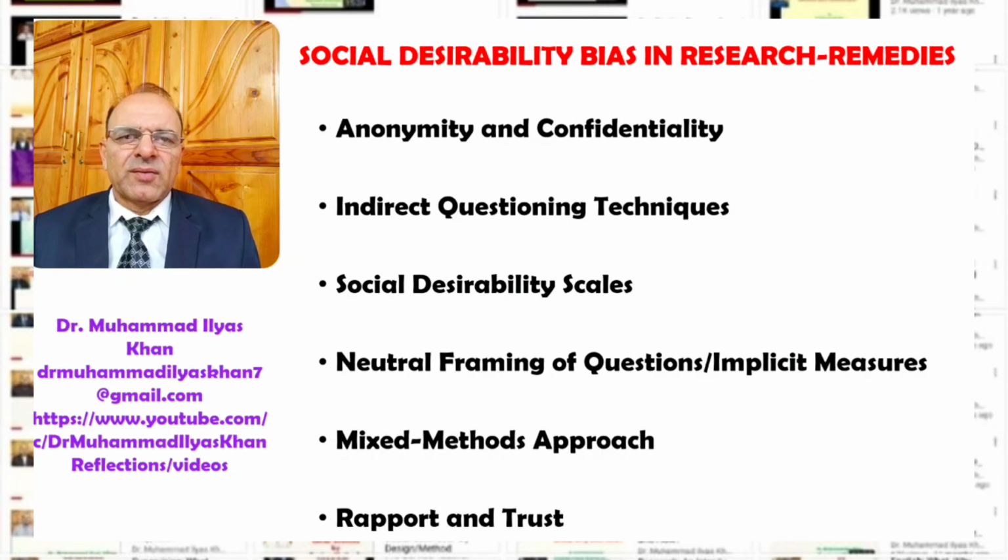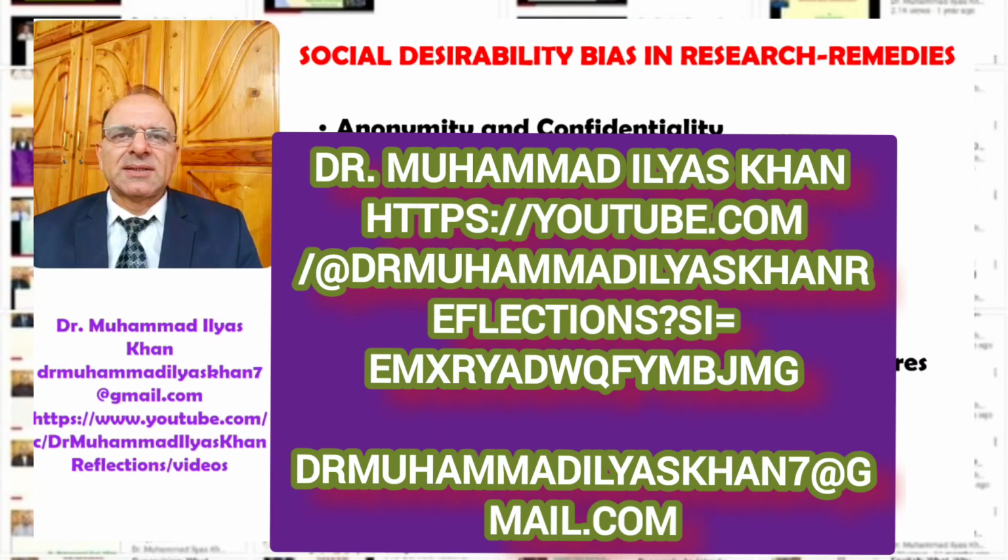And so rapport and trust will aid the authenticity and validity of the data that the researcher is collecting. So these are some of the ways in which social desirability bias could be dealt with in social science.